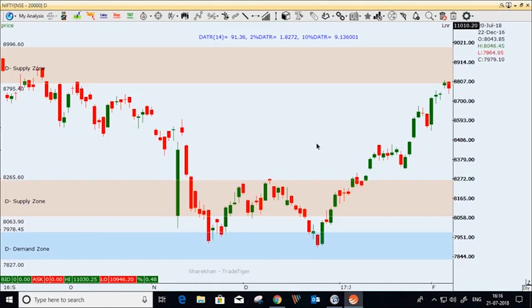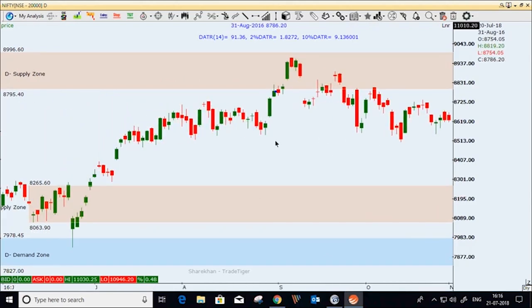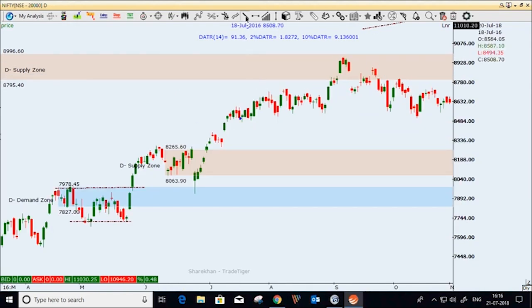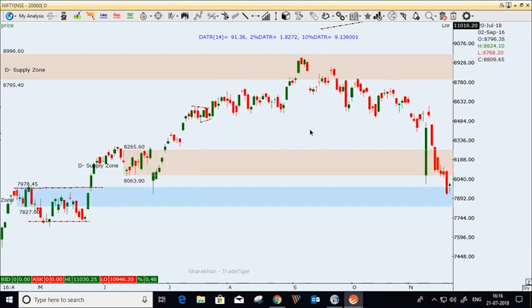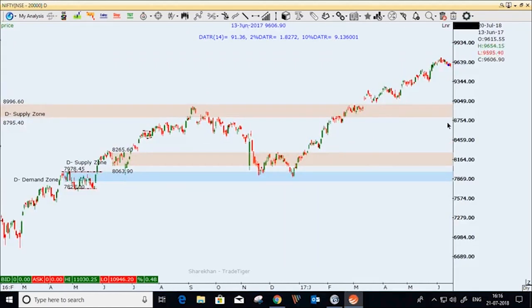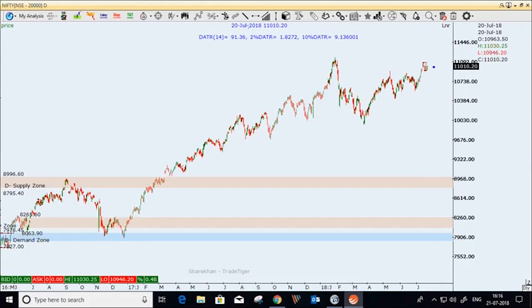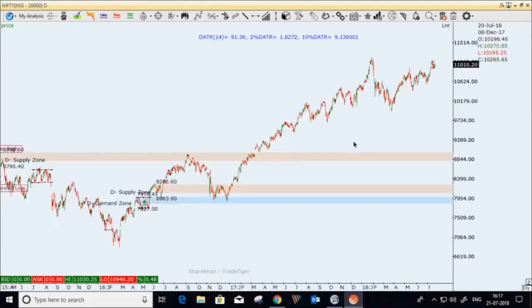And if it has formed, what has happened thereafter? That will tell me what is going to happen here as well. So maybe somewhere here, something like that has formed. Okay? So this is how I actually try to do it. And you can also do it, right?